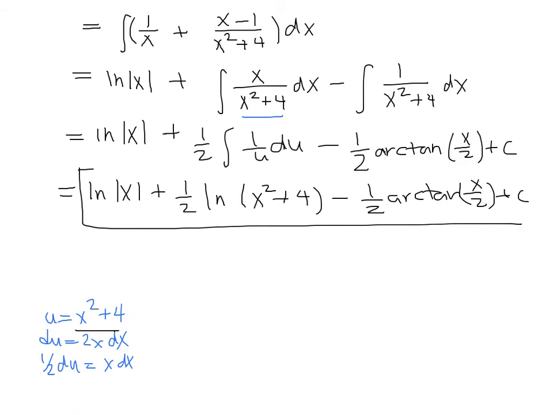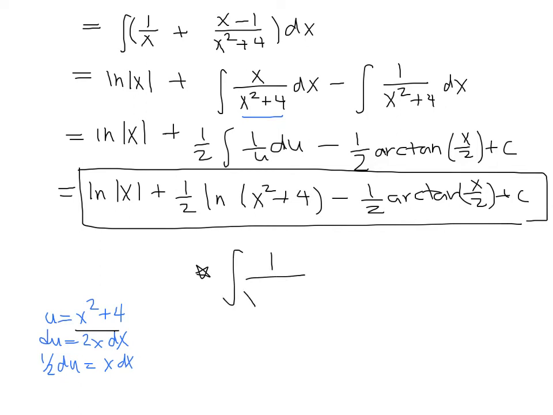And a useful formula that you might need to remember is that the integral of 1 over x squared plus a squared is 1 over a arctan x over a plus c.